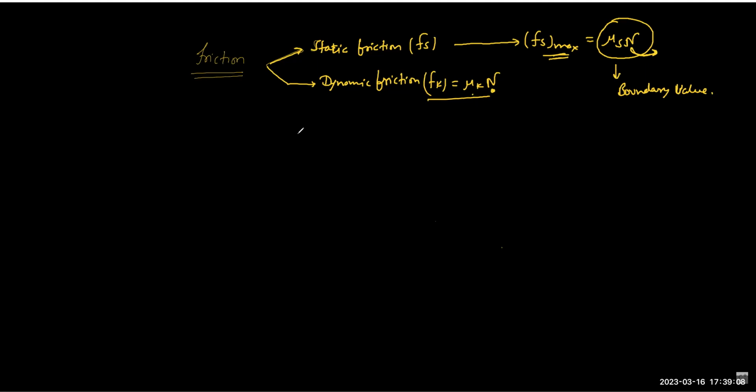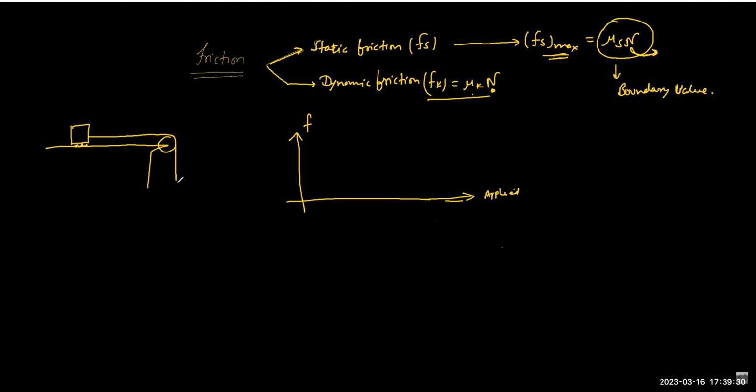And then there is an exponential graph which you should remember. If you plot the friction force between two surfaces and applied force, let's draw a simple block upon a rough surface, passing over a pulley, and then the pulley is attached to a pan.